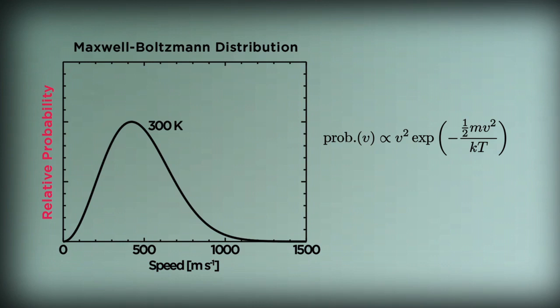Or another way to think of it, it's the fraction of particles that have that speed at any given time. The function depends on the particle mass and on the temperature. For this chart, I chose the case of nitrogen molecules at 300 Kelvin, basically air at room temperature. The function rises from 0 to a peak at around 400 meters per second, then it falls off again.